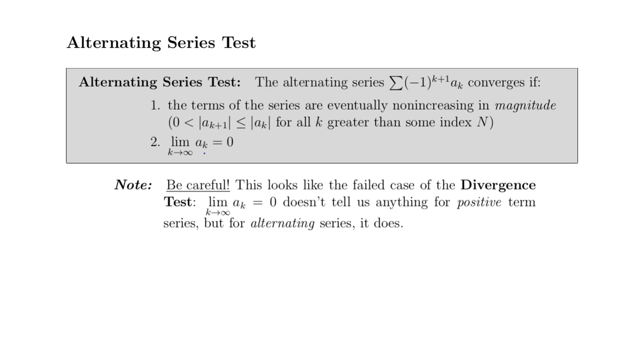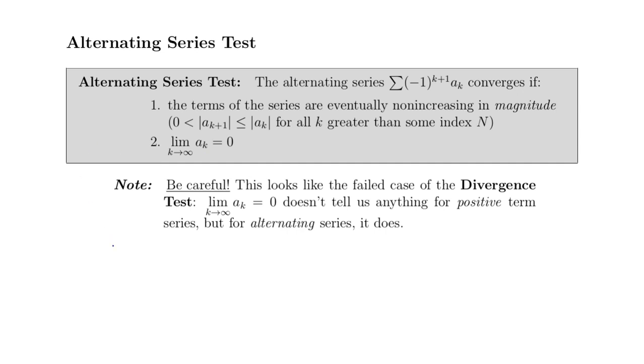But now that we're not just dealing with positive term series, this alternating series test says actually for specific types of series where you have these positive and negative terms mixed in, every other term, like the way that we've got them, if the limit of the terms themselves goes to 0, that is enough. Normally it's not. For a positive term series, it doesn't tell us a single thing. But for these alternating series, it happens to be enough to tell us that a series is going to converge.